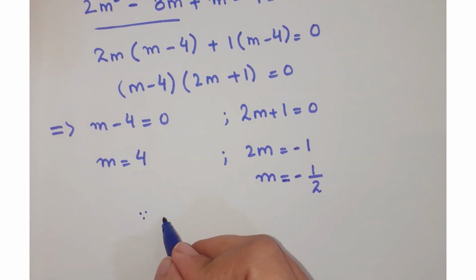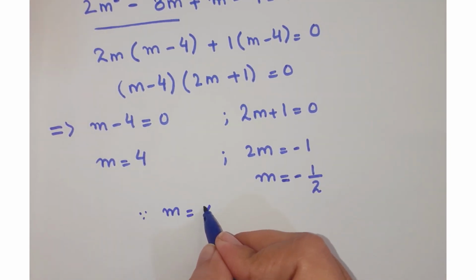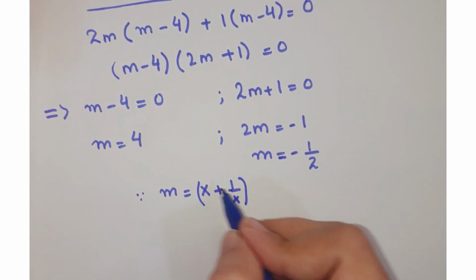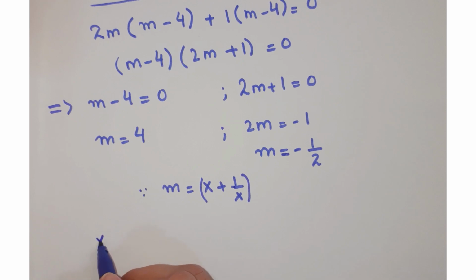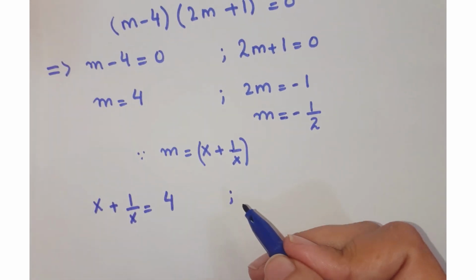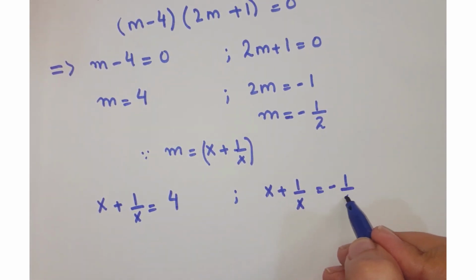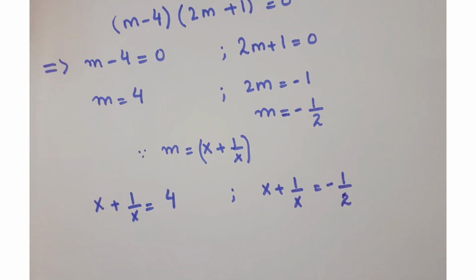But since we assumed that m is equal to x plus 1 upon x, replacing this, you get x plus 1 upon x is equal to 4, and x plus 1 upon x is equal to minus 1 upon 2.